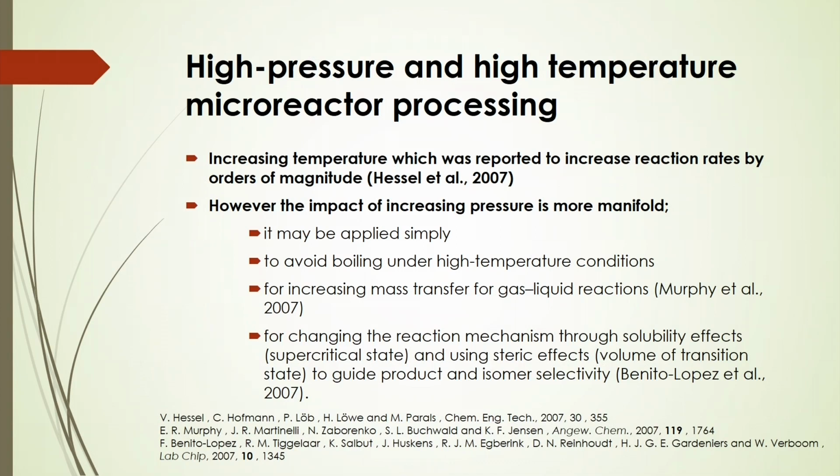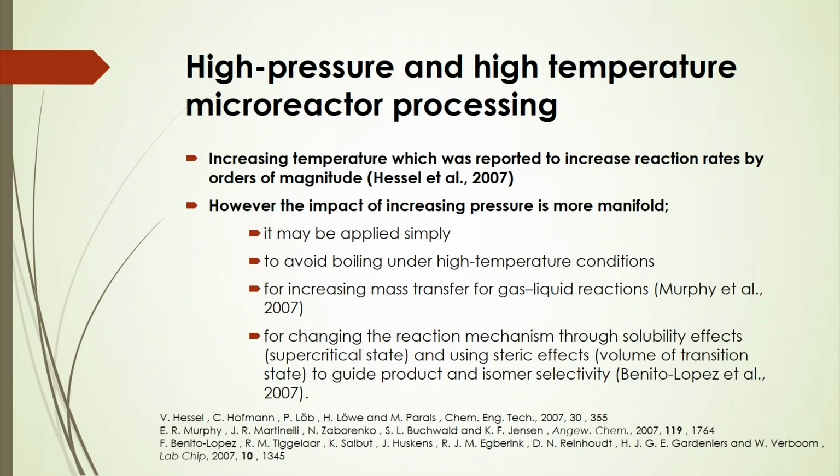It may be applied simply to avoid boiling under high temperature conditions, and also to increase mass transfer for gas liquid reactions. It may also change the reaction mechanism through solubility effects, or through supercritical states, and through steric effects like the volume of the transition state.